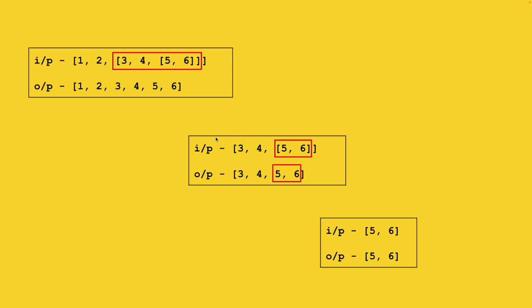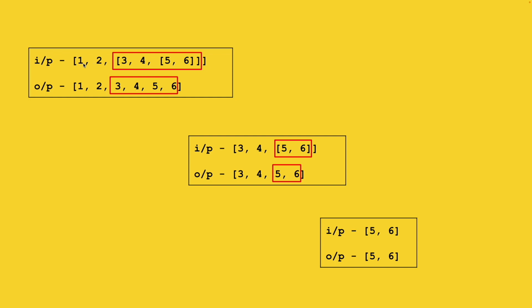Now the output of this function is 3, 4, 5, 6, which is given back to the previous call, and it is concatenated with the original 1, 2. Finally, I'm getting 1, 2, 3, 4, 5, 6, a flattened array.